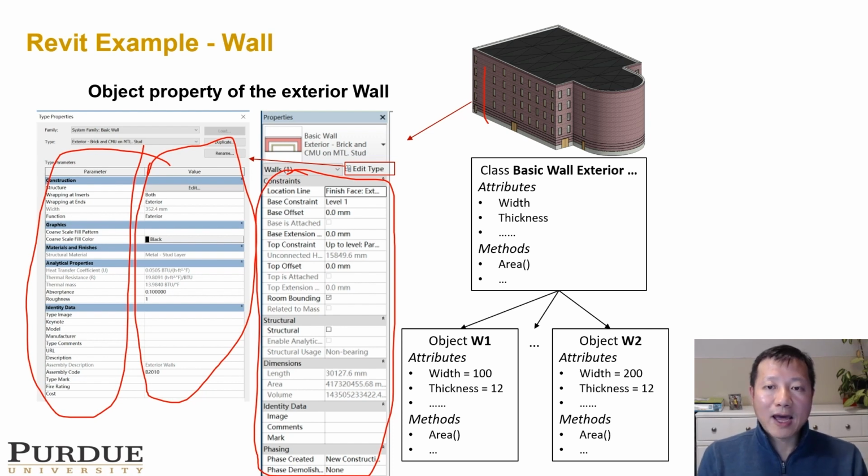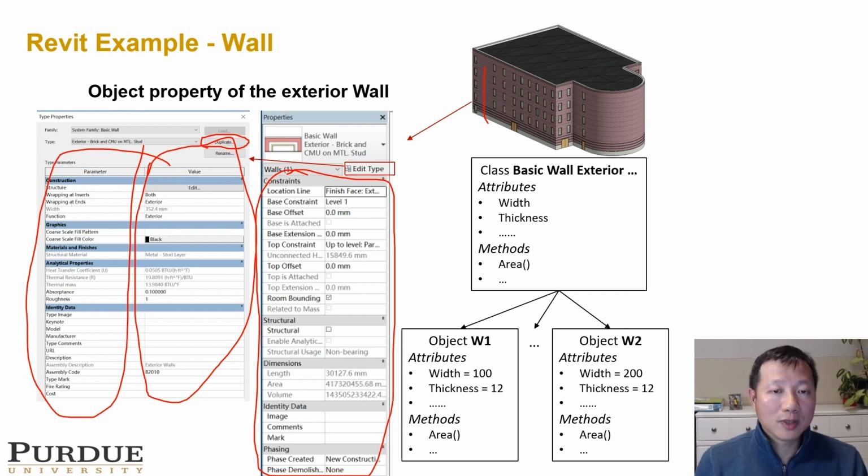This tells you that you have two sets of attributes. One set is at the class level, and the other set is at the object level. I think this is a good time to remind you that whenever your intention is to make changes to the objects in your own Revit project, make sure you use this duplicate button.